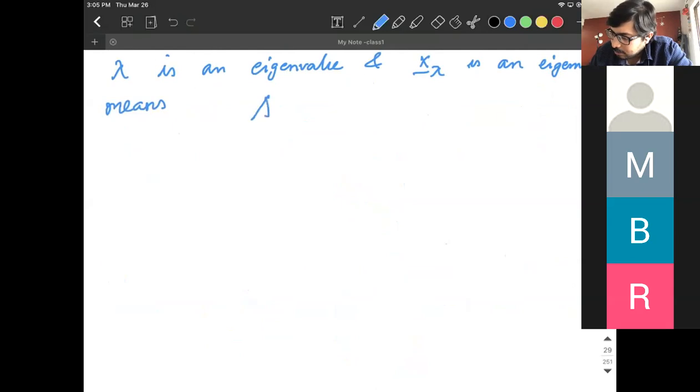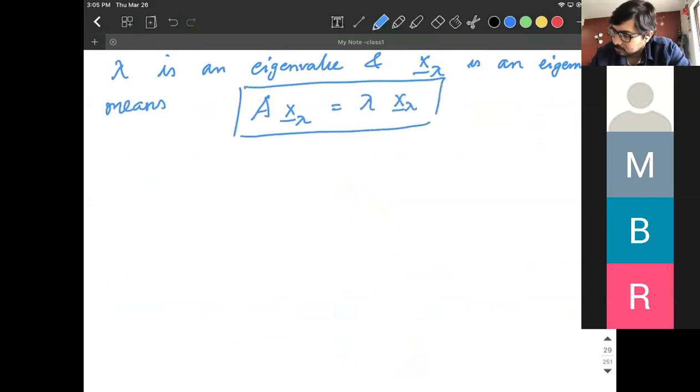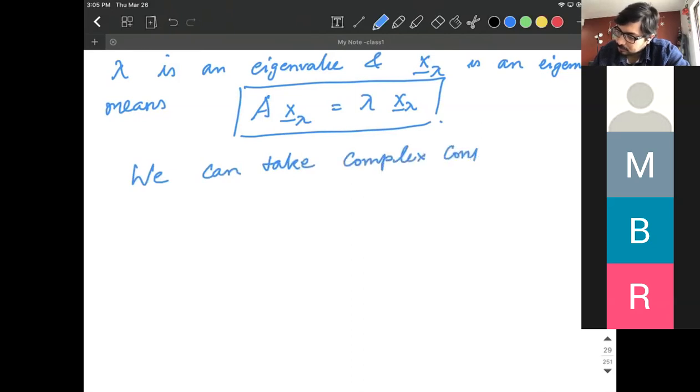That means the eigenvalue-eigenvector equation is satisfied. So this is the equation. Okay, so that's the first observation. Now here is the point. We can take the complex conjugate on both sides.